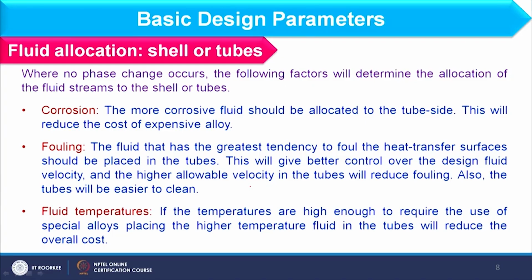Fluid temperature, okay. If fluid temperature is high, that should be allocated to tube side. If temperatures are high enough to require the use of special alloys, placing the high temperature fluid in tube side will reduce the overall cost, okay, because of the same reason. How am I considering reduction in overall cost when considering tube or shell?